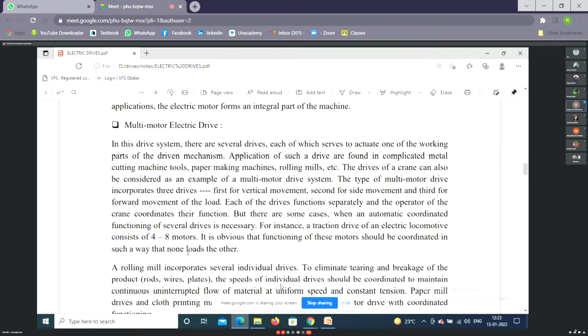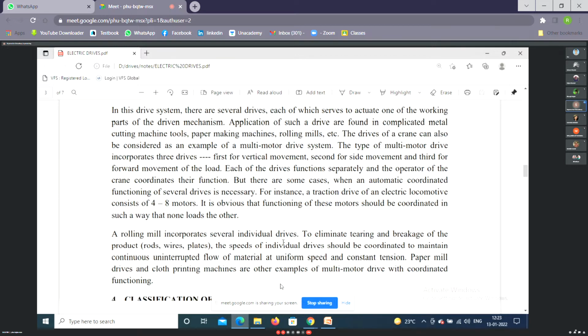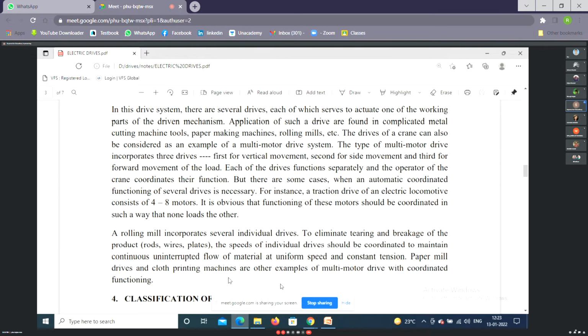So obviously, we cannot have a single motor to drive the whole train. So it is distributed over the whole range. So we have different units which have the motors, distributed over the length. This has certain advantages also. When we go to the traction system, you will see.